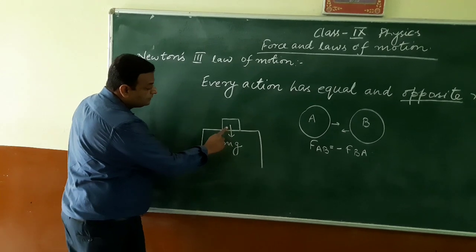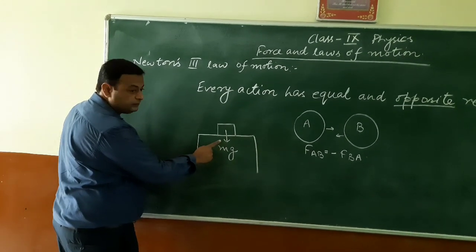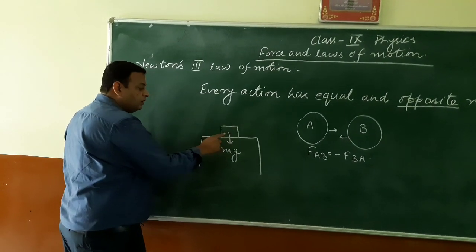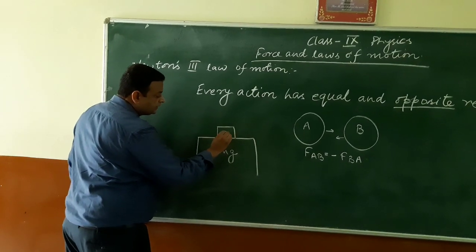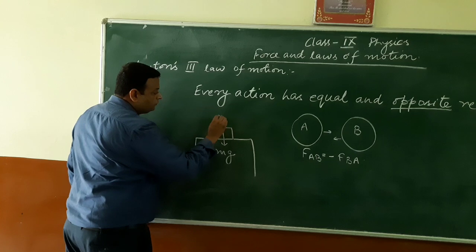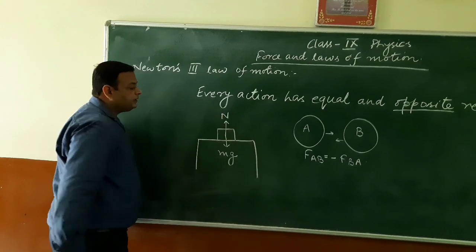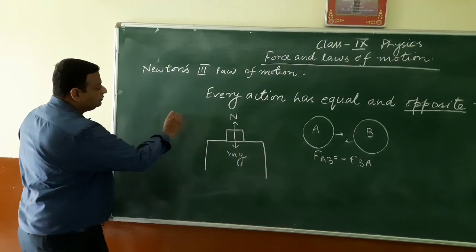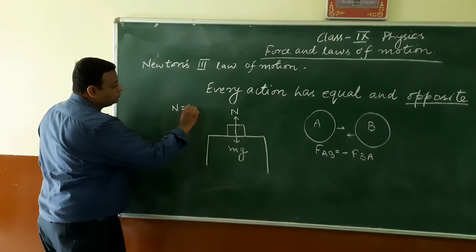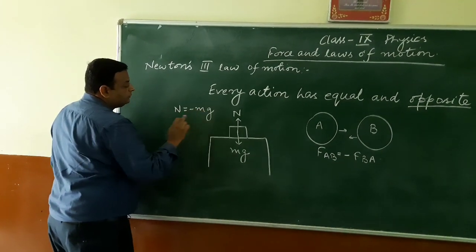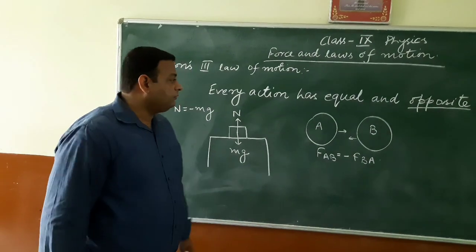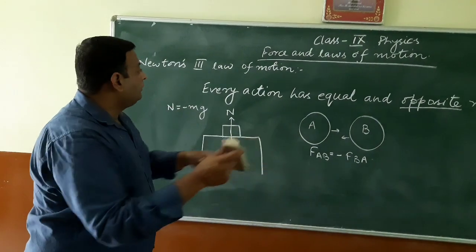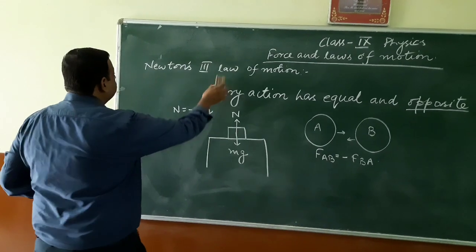So if the object is applying the force mg on the table, then table is also applying the equal force in the opposite direction, and that equal force is called as normal reaction. Now, normal reaction is equal to minus mg, means their magnitudes are same but their directions are totally different. Now we can have a derivation from this also.